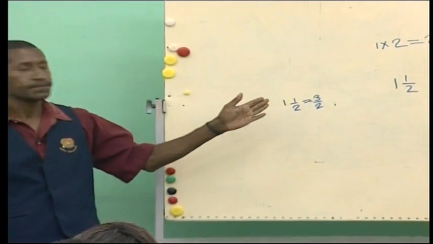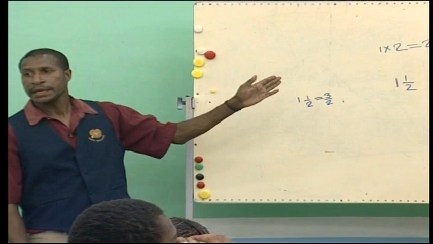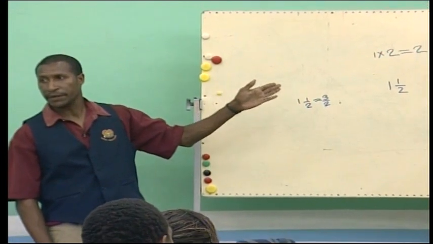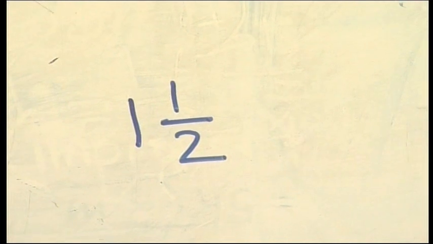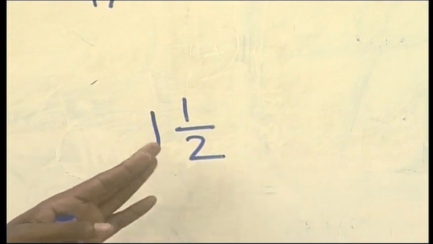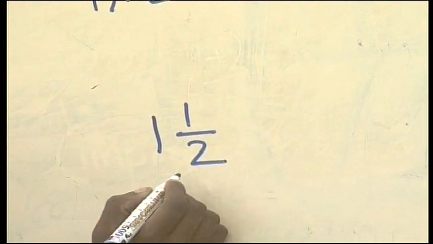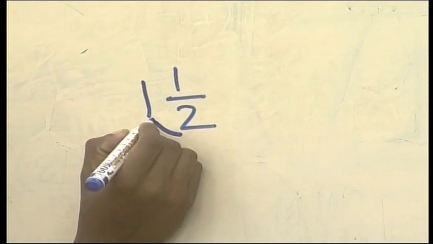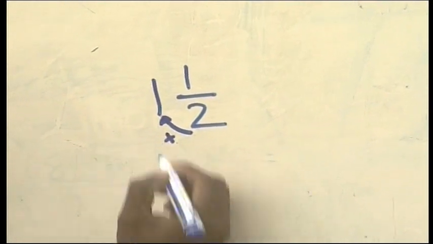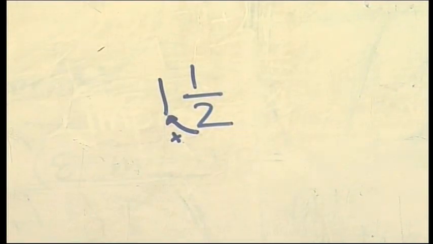To change this mixed number into an improper fraction, there are two ways. The first way is you multiply the denominator with the whole number. And that's what Daisy has explained up there, 1 times 2.